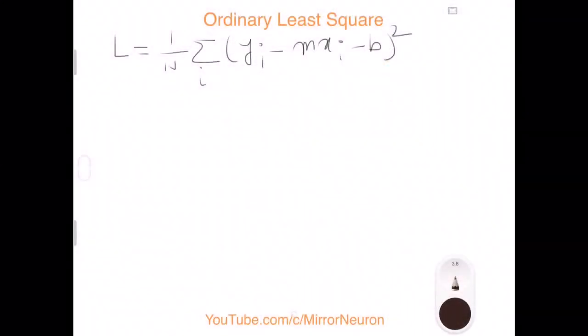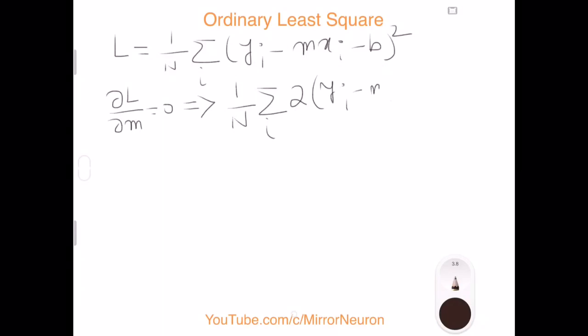Alright, so the first derivative is dL over dm is equal to 0, and this implies the derivative will be 1 over n summation of i to capital N, then we have 2 times yi minus m of xi minus b, times minus xi, and this is equal to 0.